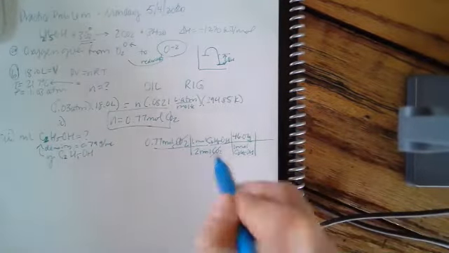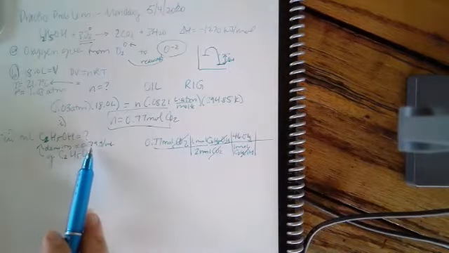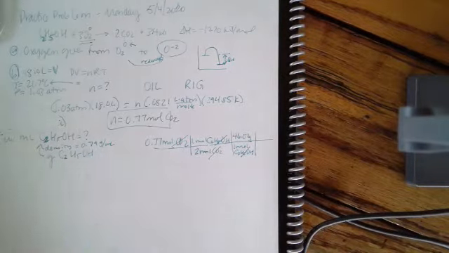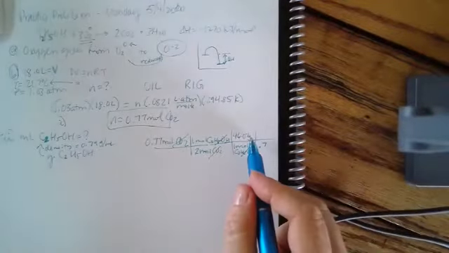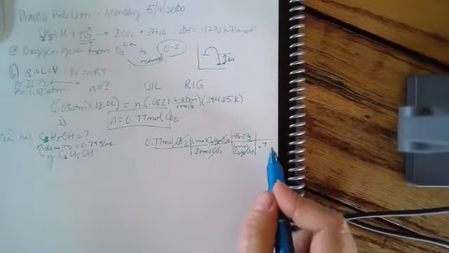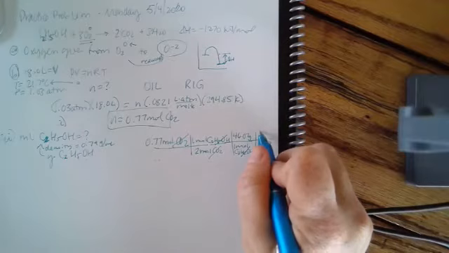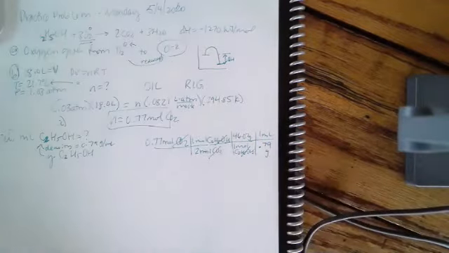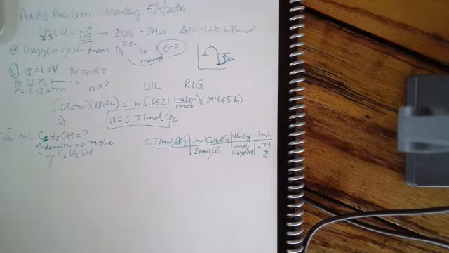Moles of CO2 canceled out, moles of ethanol canceled out. My density for ethanol is 0.79 grams per milliliter. I've got grams on the top here, so I need grams on the bottom. Now everything cancels out except milliliters, right? I just worked my way through the units.